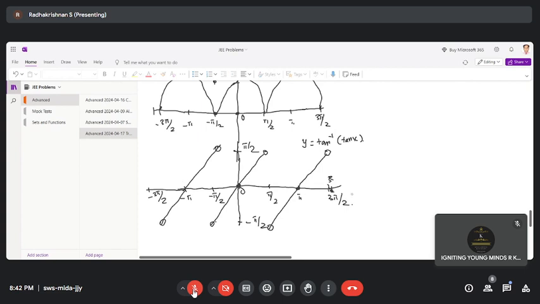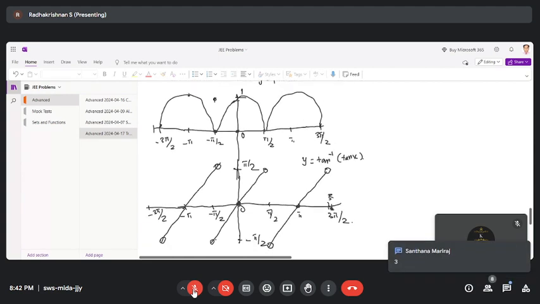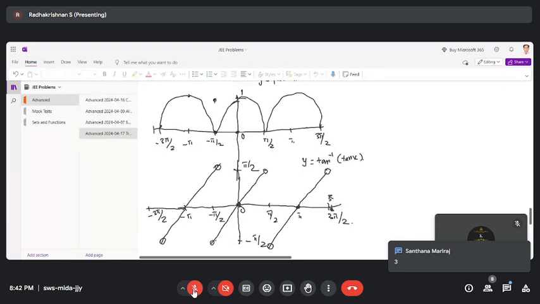As x goes on increasing or decreasing, this tan inverse of tan x keeps on coming up like this, these kind of lines. So now you see, superimpose this on that and see how many solutions are there.